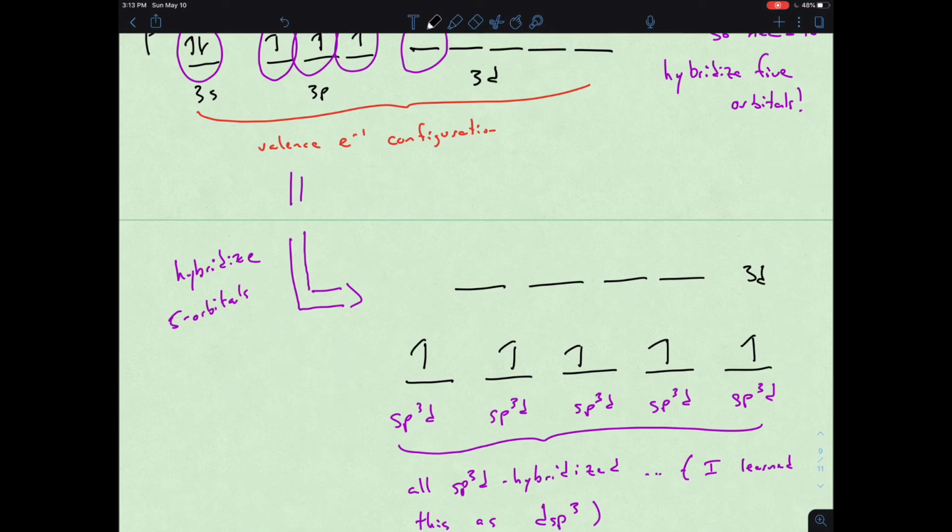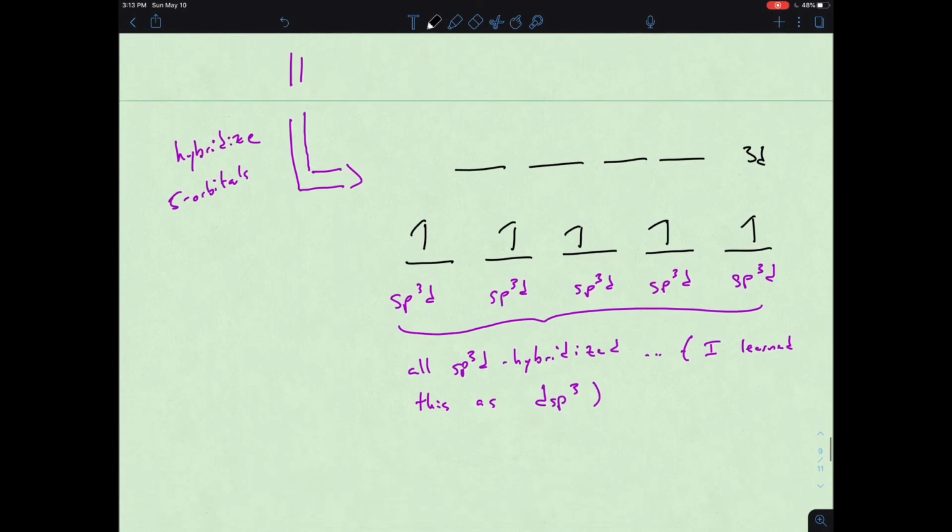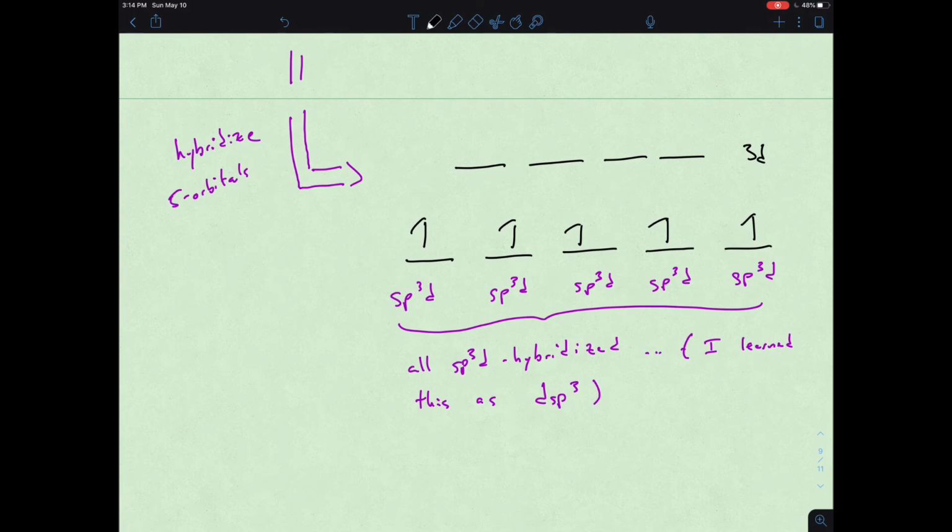It actually incorporates the d orbital set into its hybridization motif to make bonding orbitals for the fluorines. And so now we have those 5 unpaired valence electrons to now bond with the fluorine.